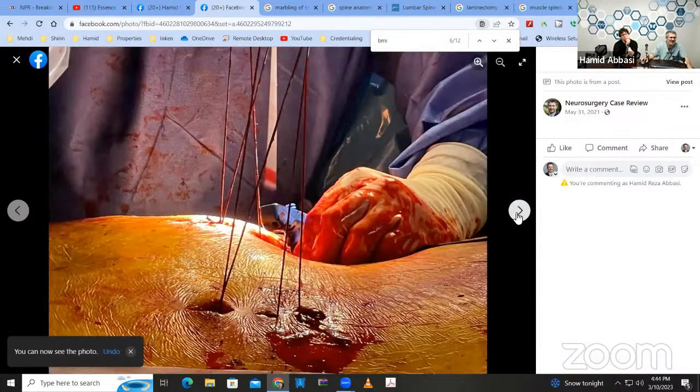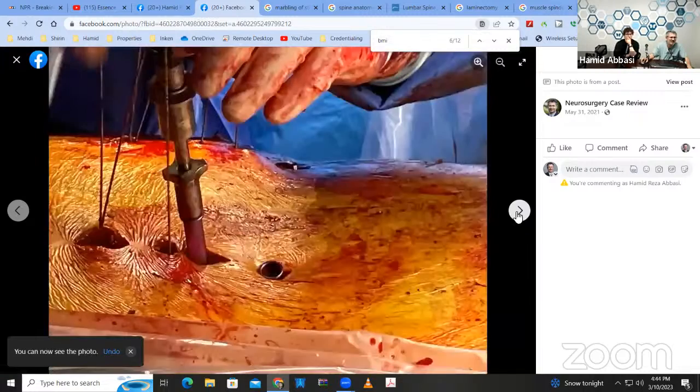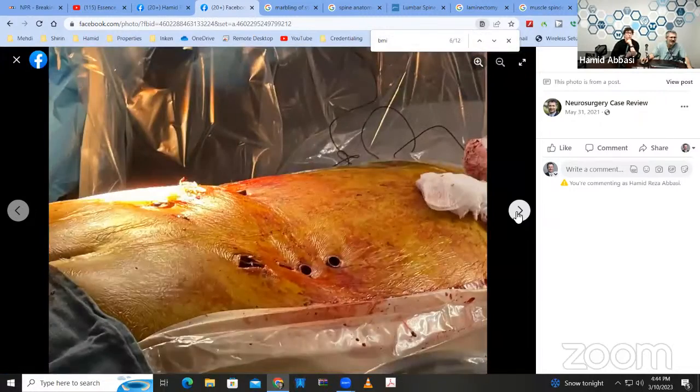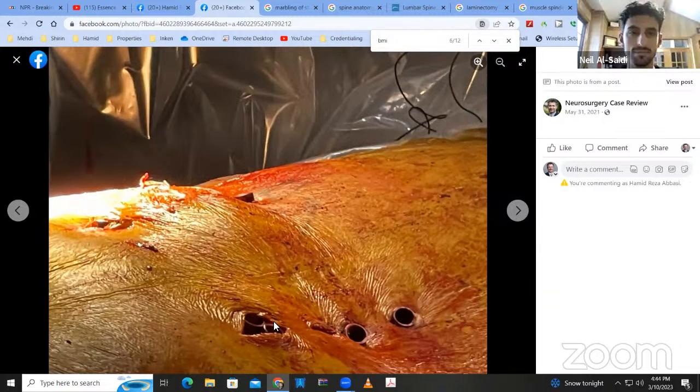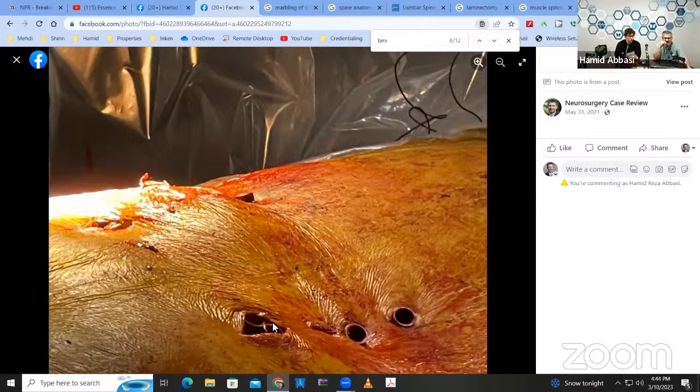These are the so-called pedicle screws. They are about 6 to 7 inches long. You see there's at least 7 inches of fat between the pedicle bone and the skin.